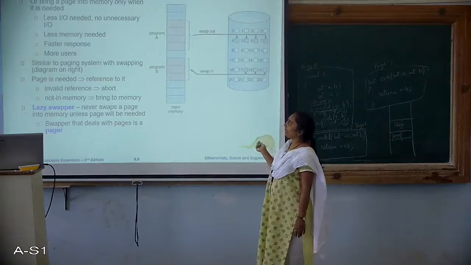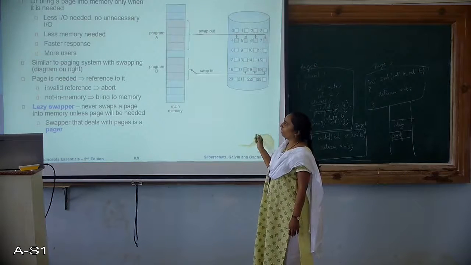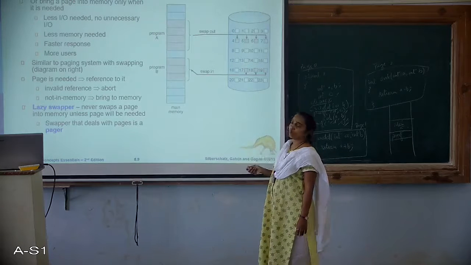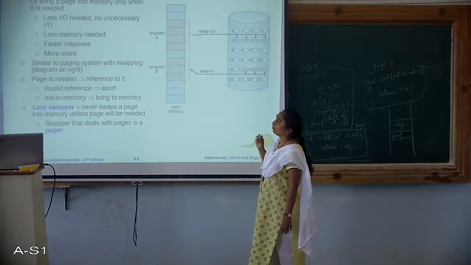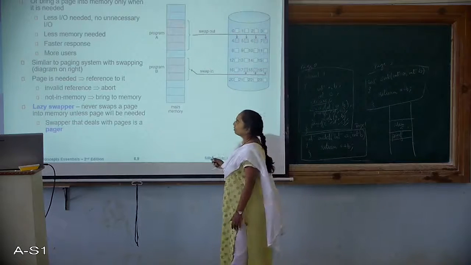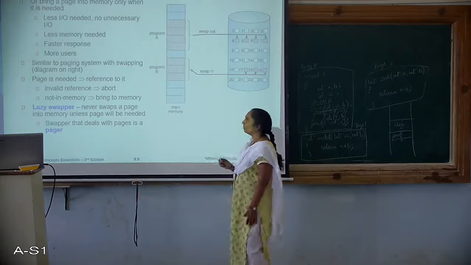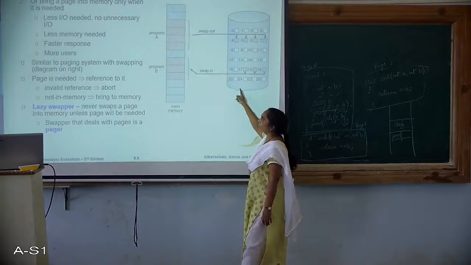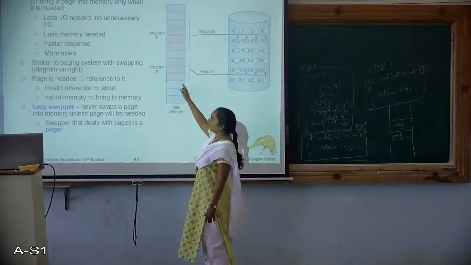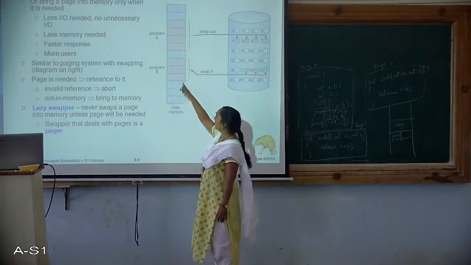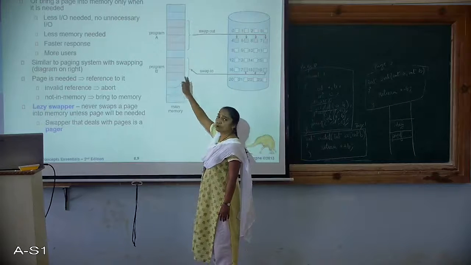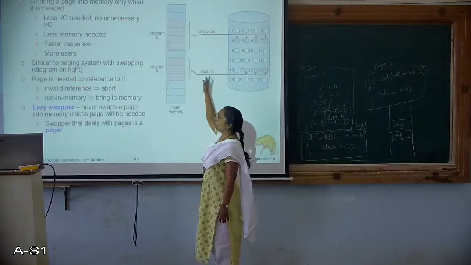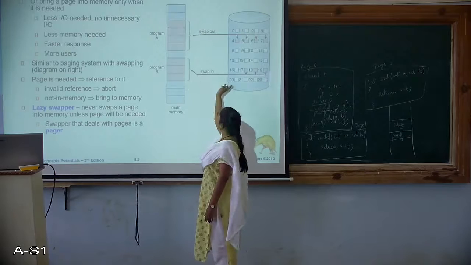So less IO is needed, unnecessary IO is avoided, less memory is needed, response is faster, and more users can use your RAM. That is the advantage of having demand paging. It is similar to a paging system with swapping. The diagram here shows that it is the same as your paging system, wherein your process is divided into pages and your main memory is divided into frames, and we do swapping.